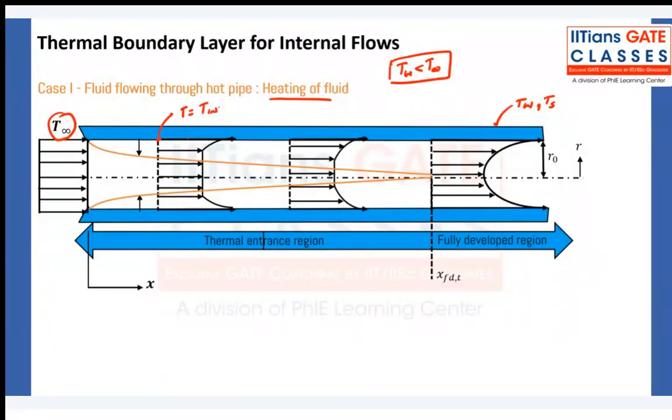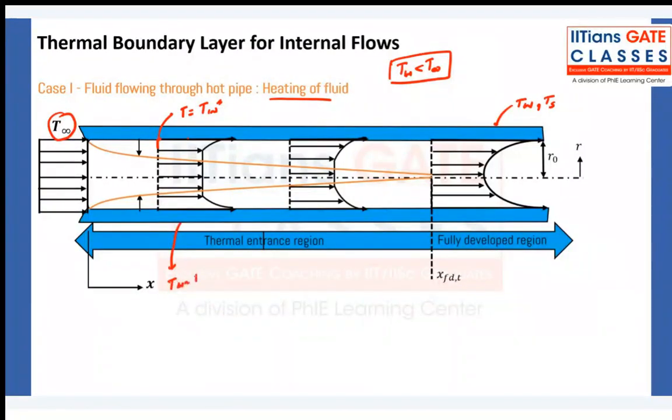Now, as you are going in the R direction, your temperature is going to reduce, from TW, which is the highest temperature in the pipe, to T infinity. But of course, it is not going to go to infinity because this wall is also maintained at TW.